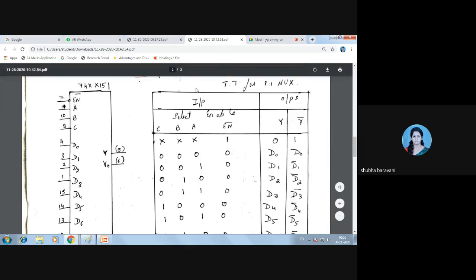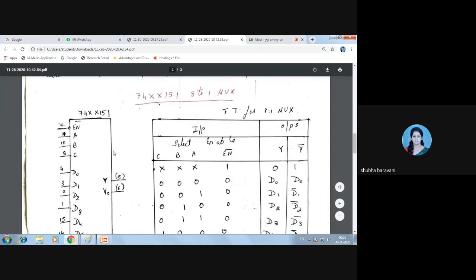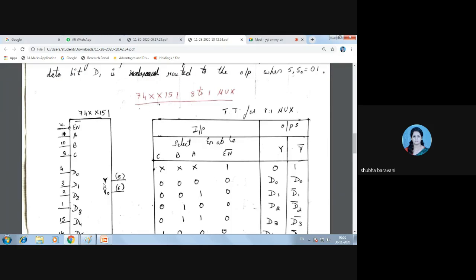Now this 8 to 1 mux will have two outputs, one active high and the other active low. You can see here you get Y and Y bar. Sorry, this has to be Y and Y bar.